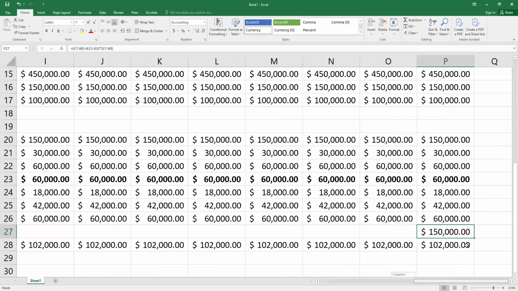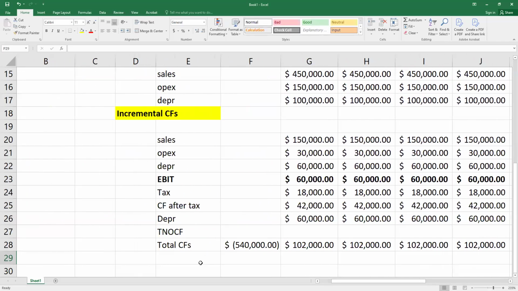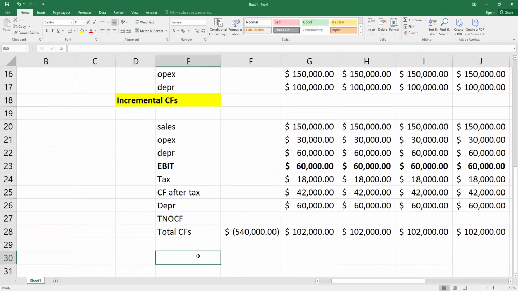So at the end of the day, we will add this to the total cash flow. Then we can calculate our NPV. The rate is given, 8%.